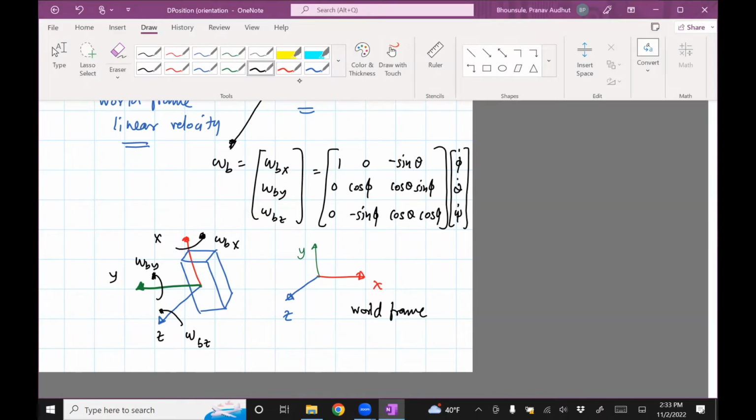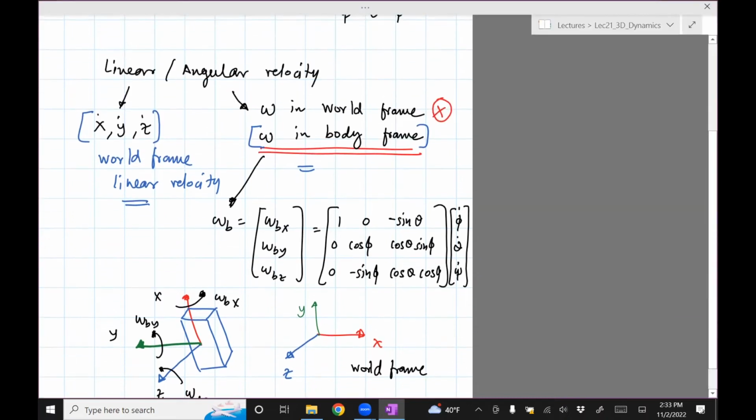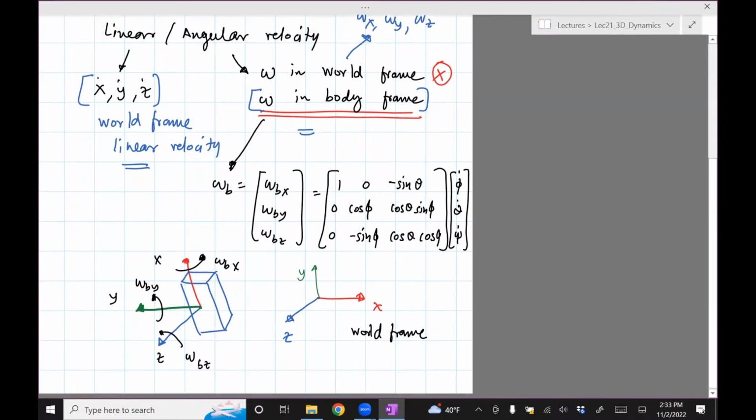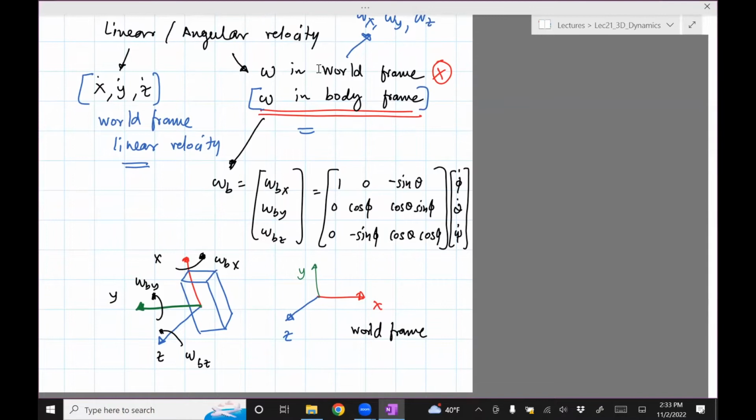If you had an angular velocity in the world frame, let's call that omega x, omega y, omega z, it's going to be the angular velocity in this frame. No matter how the body moves, the angular velocity is described by those omega x, omega y, omega z.